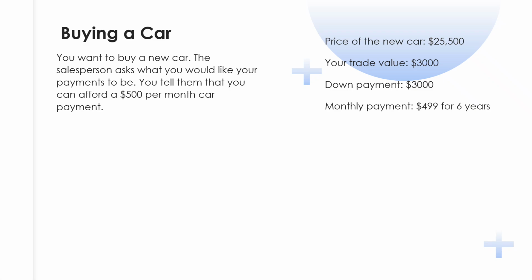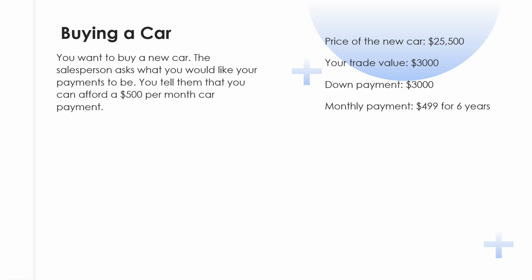Okay. So let's say that you want to buy a new car. And you go in, and the first thing that the salesperson asks you is, where do you want your car payment to be? And you tell him that your budget is no more than $500 a month for your car payment. And you say, I've got $3,000 to put down.